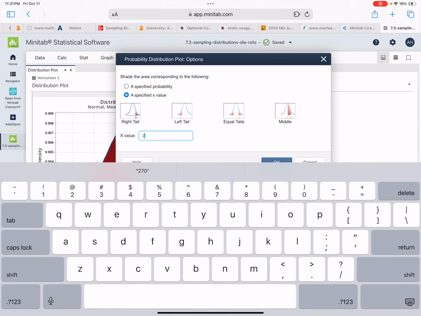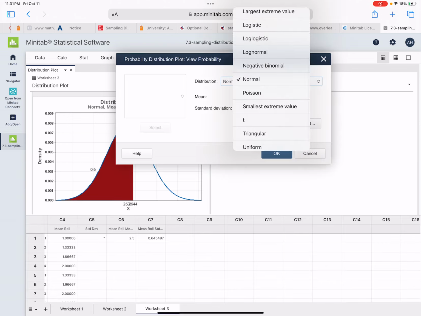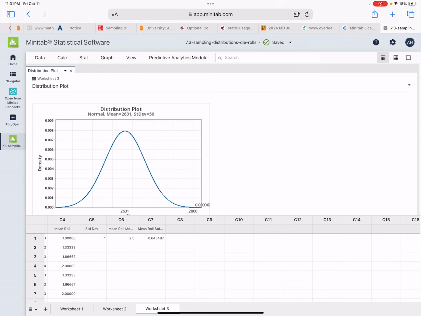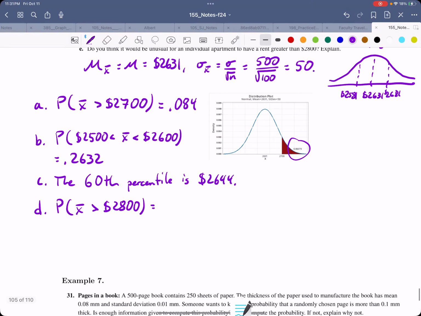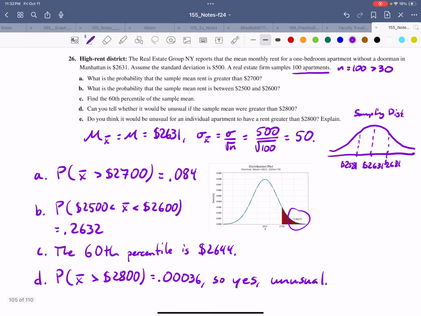We're doing 2,800, so the answer is going to be a clear yes. Look at that, 0.00036. The answer is yes. Definitely unusual.